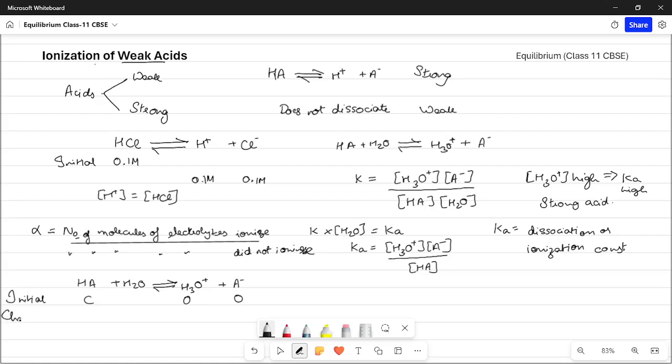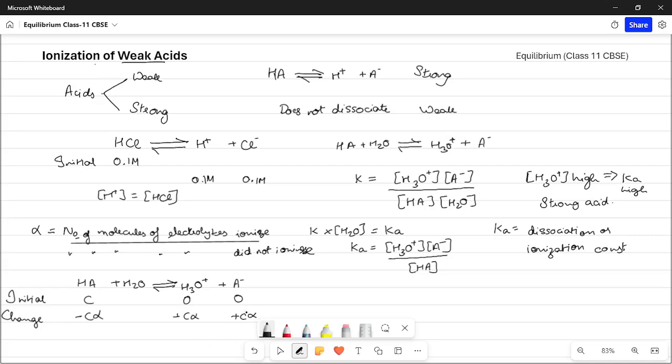Now the change in concentration: here it will decrease by C alpha, that is the change. It decreased by concentration times the degree of dissociation, and there is an increase by C alpha. Similarly, this is also increased by C alpha.